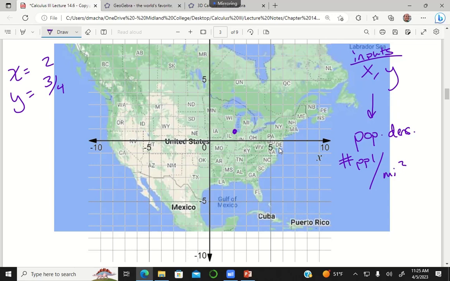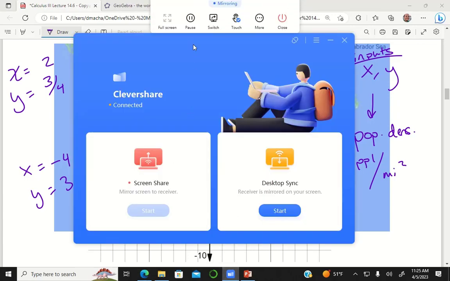If I gave you instead the coordinates x equals -4 and y equals 3, then that is the middle of Montana, and your population density is practically 0. Okay, so this is what I mean by a 2D scalar field, and it looks like my TV quit working, but maybe I can reboot it.